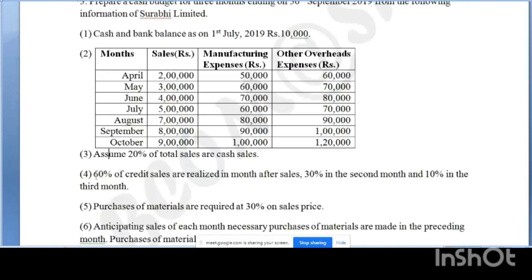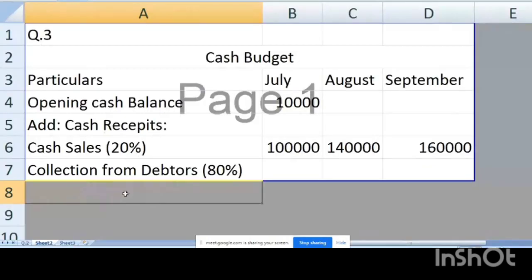Here the point is given: 60% of credit sales are realized in the month after the sales, 30% in the second month, and 10% in the third month. That means 1 month credit, 2 month credit, and 3 month credit respectively for 60%, 30%, and 10% of the credit sales. Correct. So here we need to write in 3 steps.